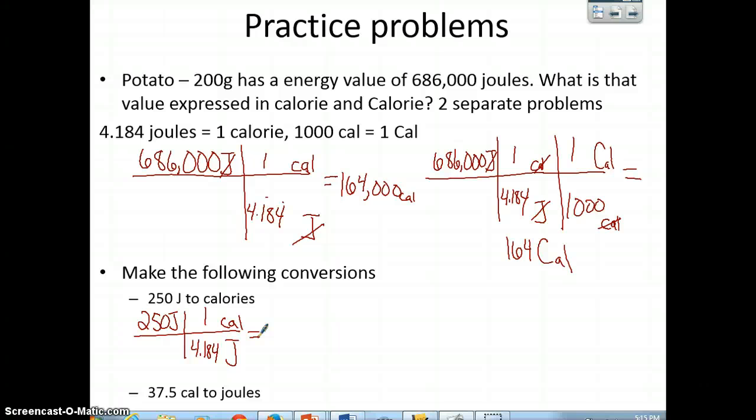250 over 4.184. So we need 2 significant digits. This is what the calculator spit out. Okay, but we have to get that in 2 significant digits. So there's 1, there's 2. I look next door, this has to round up, so then we get 60.